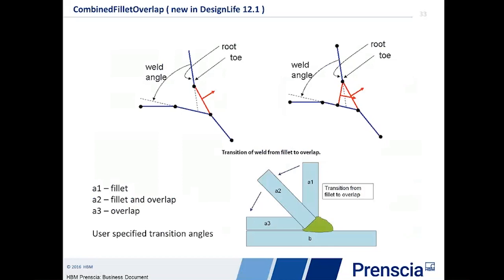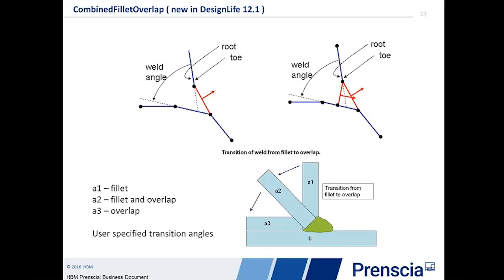If you use the combined fillet and overlap, you would just throw all your welds into that group. Then as we analyze each weld, we interrogate what the angles are between the attached shells that are being welded. And the user has the ability to specify a series of angles.